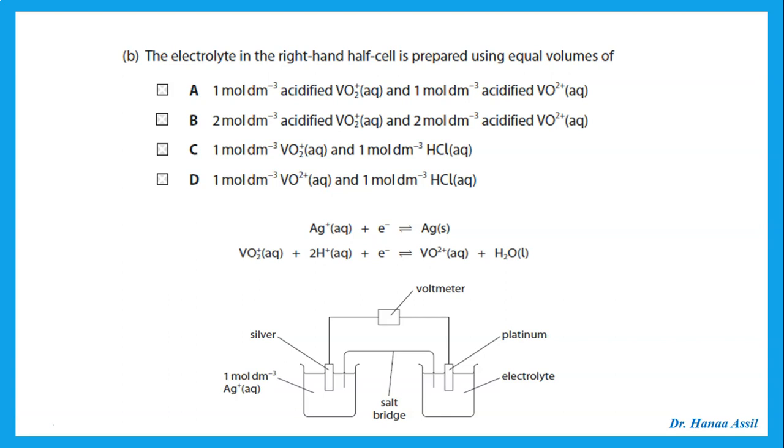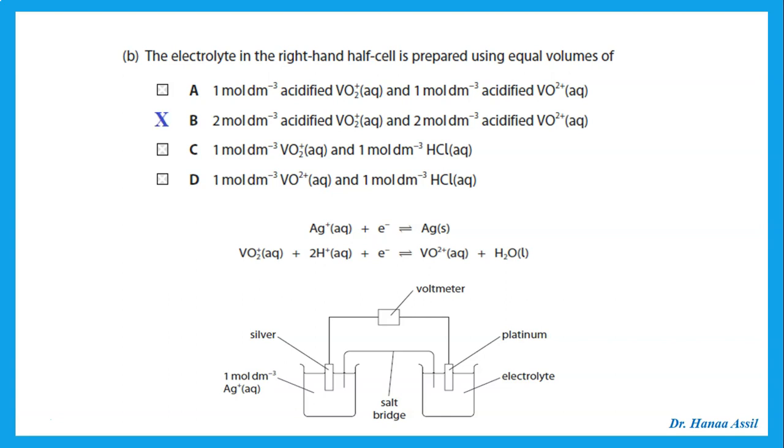And we said if we have a mixture of the solutions, overall the concentration of each ion in the solution should be 1 mole per decimeter cubed. But remember that you are going to take equal volumes and then add them together, and that means you're diluting each of them by half.